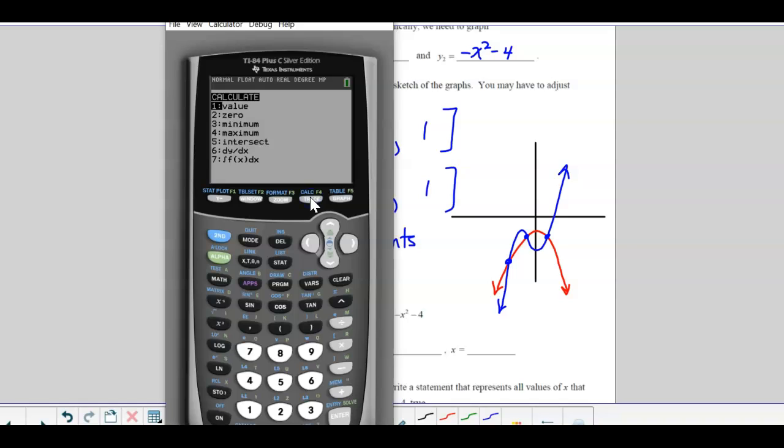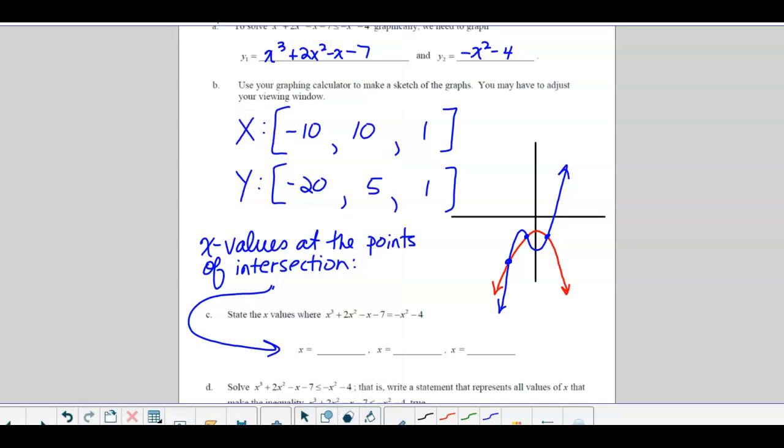And then a third time, intersect, again, cursor closer, there, enter, enter, enter, and 1. So negative 3, negative 1, 1. So even though it's not an equation, it's an inequality, we do need to know what those points of intersection are.